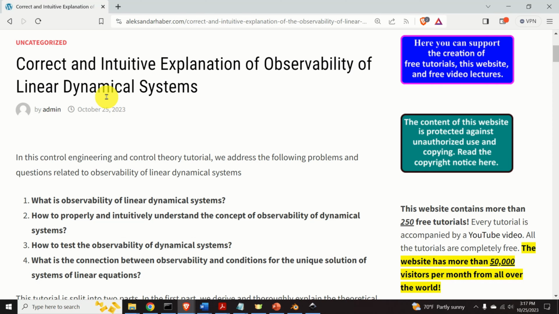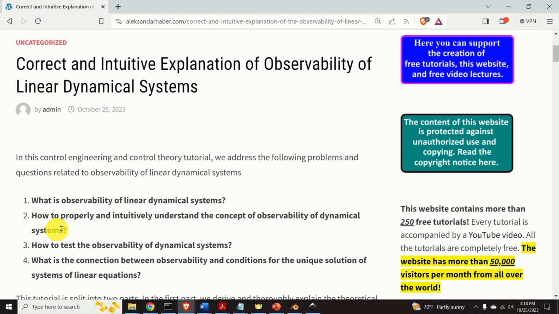In this tutorial we will provide a correct and intuitive explanation of observability of linear dynamical systems. In particular, we will answer the following questions. Question number 1. What is observability of linear dynamical systems? Question number 2.